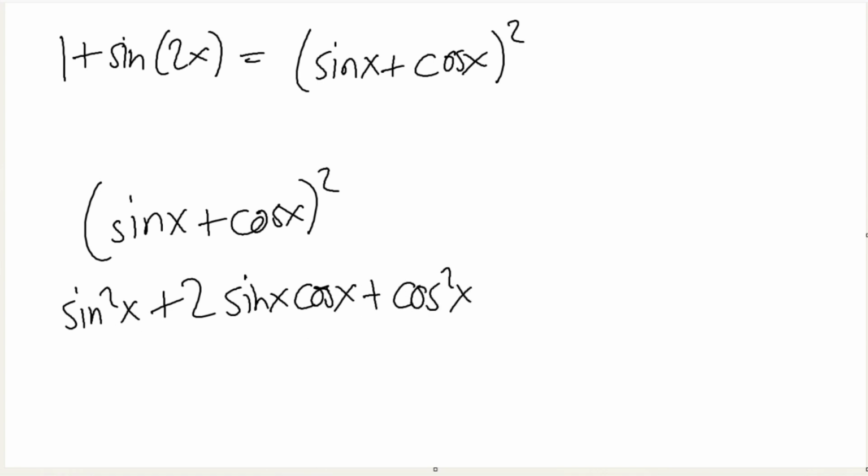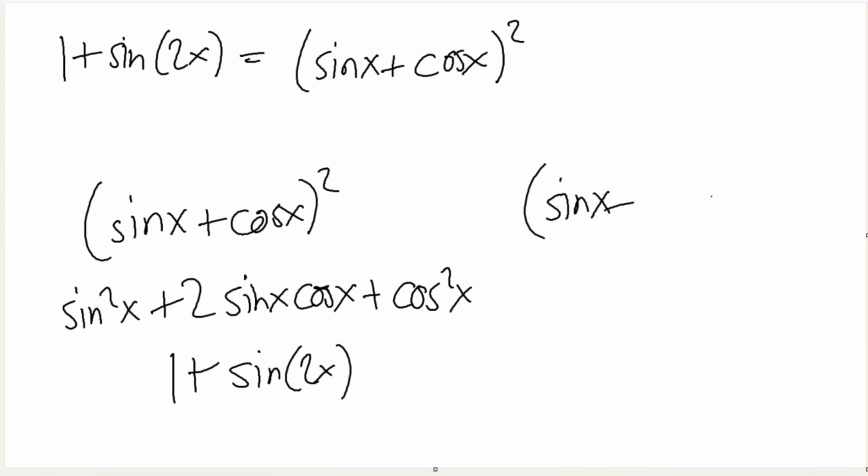And this is 1. This is sine 2x. And then for here, either sine of x minus cosine of x, or vice versa, because it's squared. This will become the minus version of this. So this here would be 1 minus sine 2x.